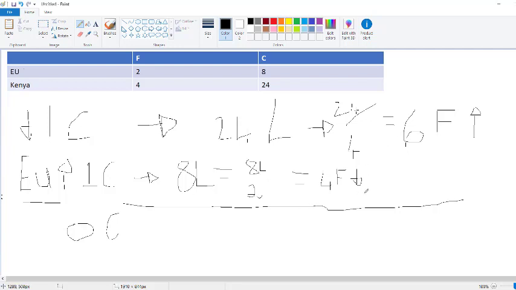In terms of food, what has happened? 6 food are extra produced by Kenya, but in terms of the EU, to produce that one extra chemical, they had to give up 4 foods. So in total, there are 2 extra food now produced.